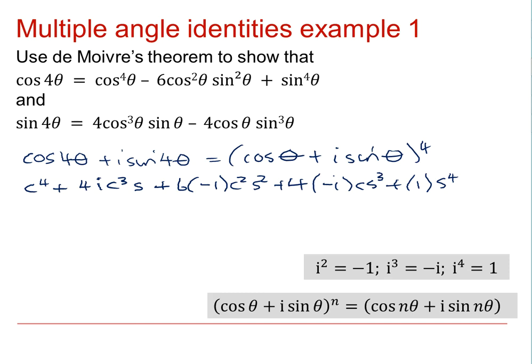I can now easily equate the real and imaginary parts. So for the real part I have cos 4 theta. And picking the real elements out of the expanded expression above, I can see that that is C^4 minus 6 C squared S squared plus S^4.